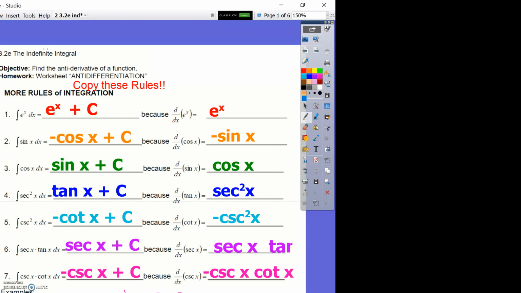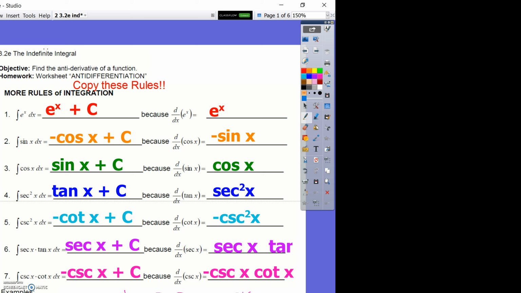So looking at our rules above, the antiderivative of e to the x is also e to the x. And when we have a constant in front of the integration sign and nothing except dx, that means it's going to be linear, so it's going to be plus 2x. And then we always have our constant c to indicate that it is a family of functions.